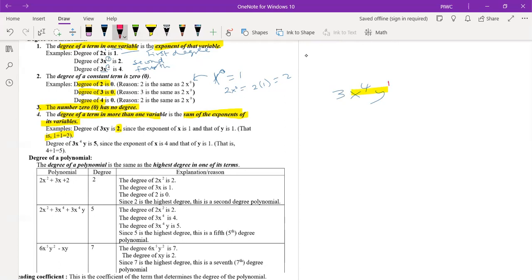That means that we have 4 plus 1, and that gives us 5. Okay, so the degree of this monomial here is going to be 5. It's a fifth degree polynomial, degree of 5. Okay. So that's what we have here.